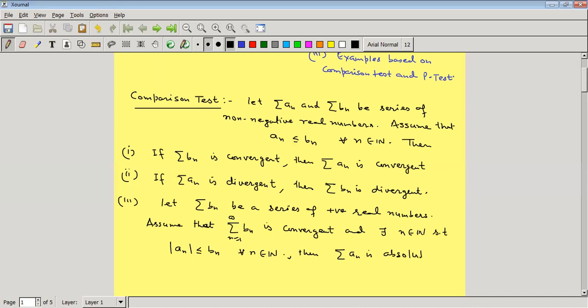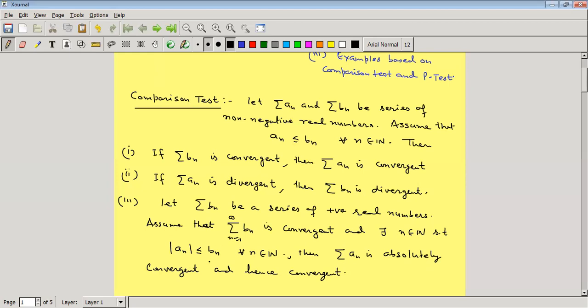and hence convergent. So by the comparison test, if summation bn is convergent, which is given, then we can use the first condition: if an is less than or equal to bn and summation bn is convergent, then summation an is convergent.